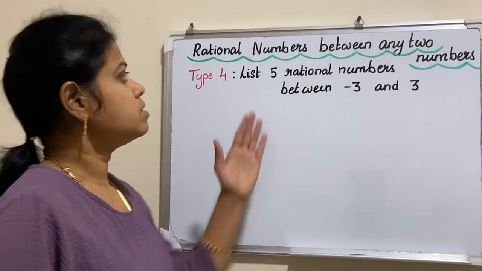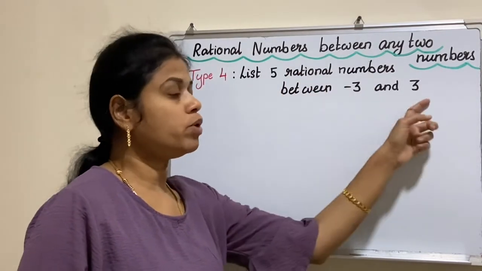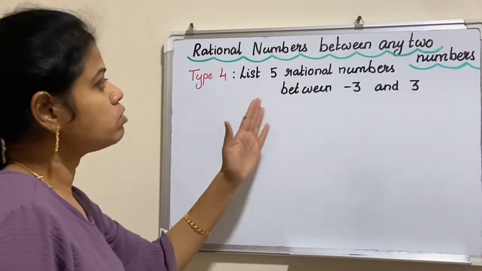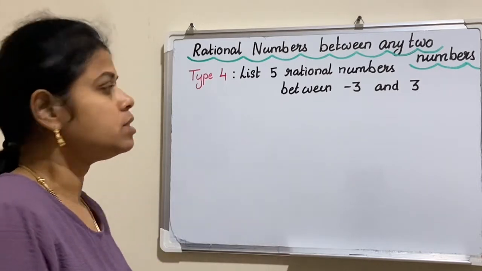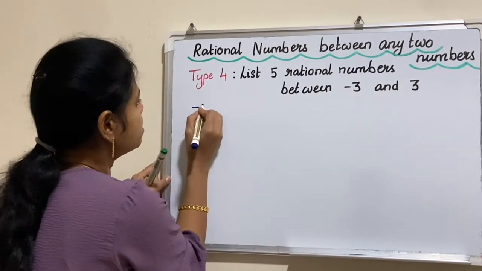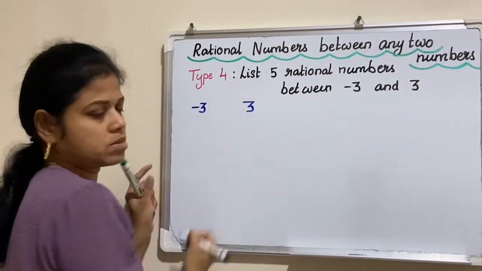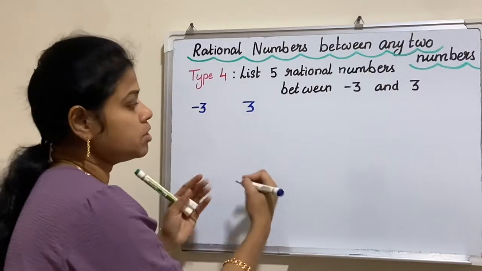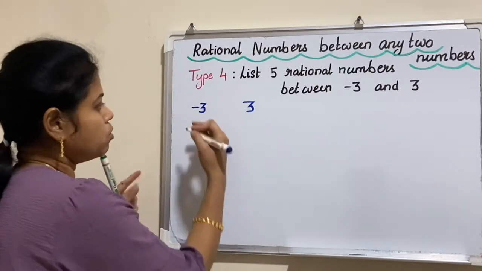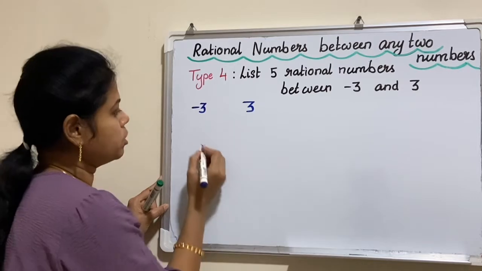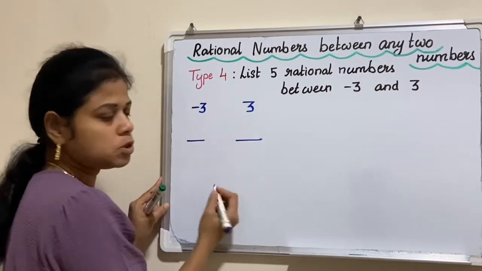Next type is listing out the rational numbers between two integers. So to list out the rational numbers between two integers, take the integers here minus 3 and plus 3. Write this integer in the form of p by q. So to write this in the form of p by q, your denominator should be same.